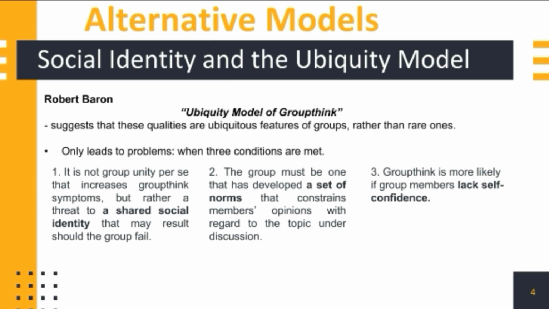Low situational self-efficacy, in which group members generally lack self-confidence in their ability to reach a satisfactory resolution of the conundrum facing them. In short, Baron's ubiquity model suggests that many groups display the negative decisional features identified by Janis, but these three factors will trigger groupthink-like decisions.